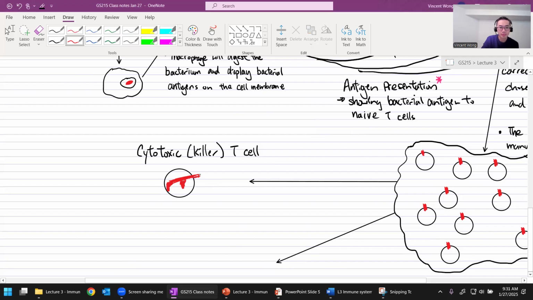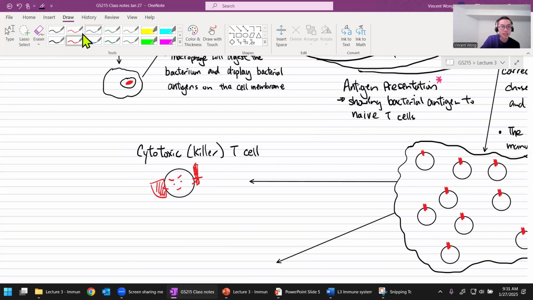All right, so there we go. You know what? Let's give it a sword instead. Let's go all medieval times. So a sword and a shield. This is a cytotoxic or killer T cell.